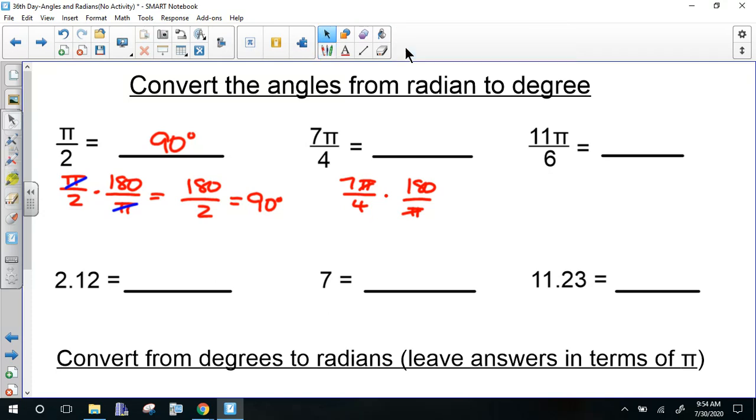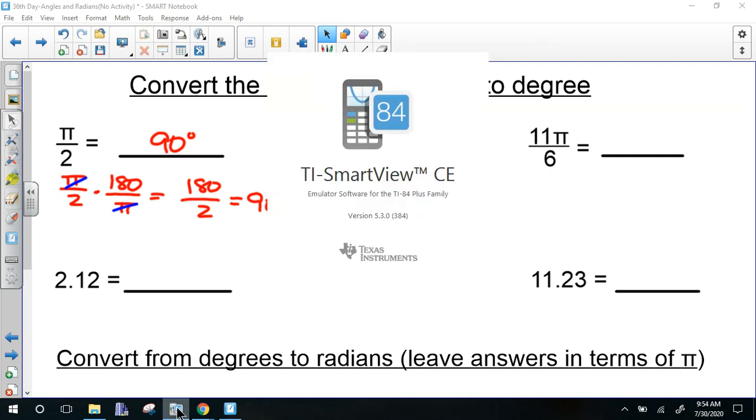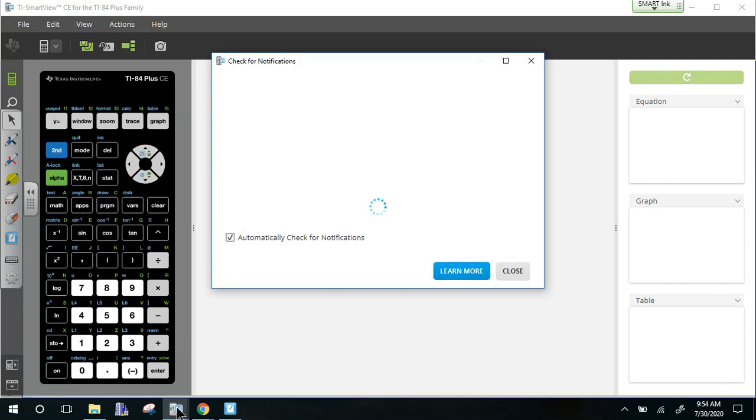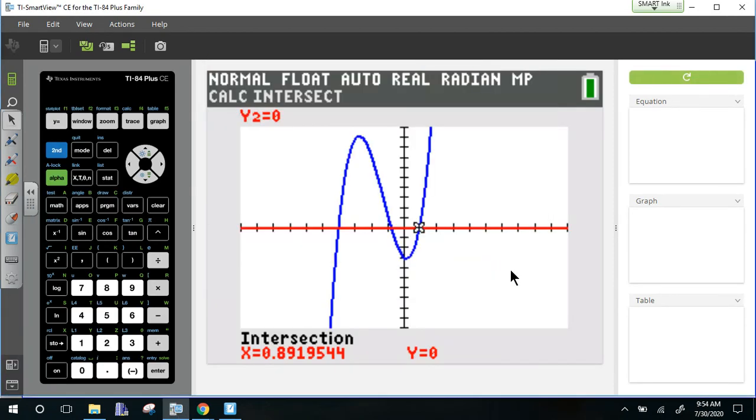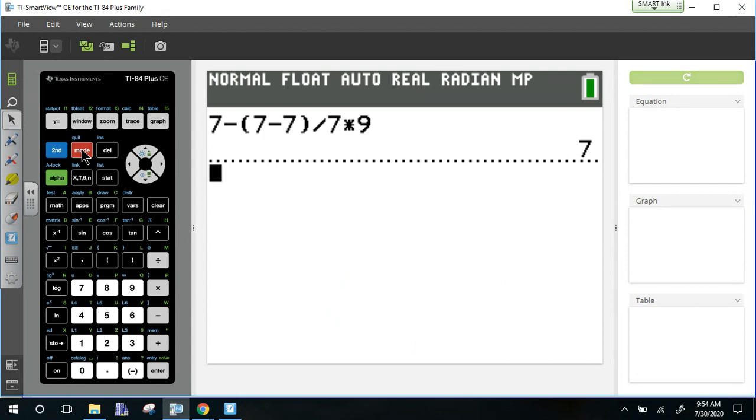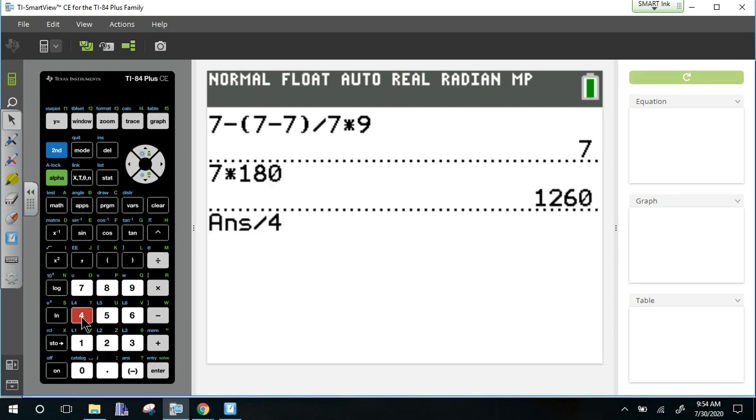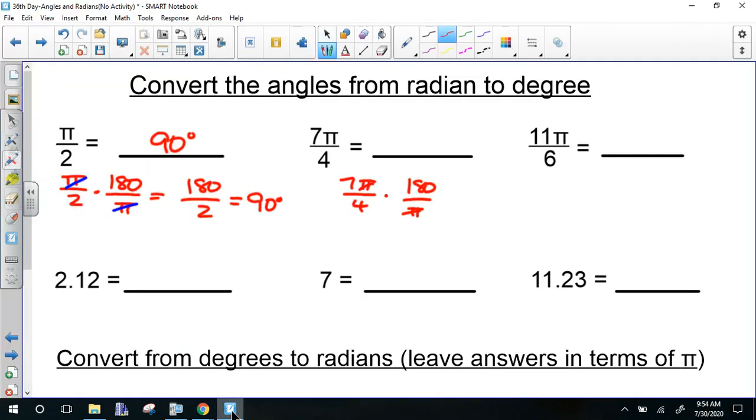If you need a calculator, pull it up. 7 times 180 divided by 4. 315. So this is 315 degrees.